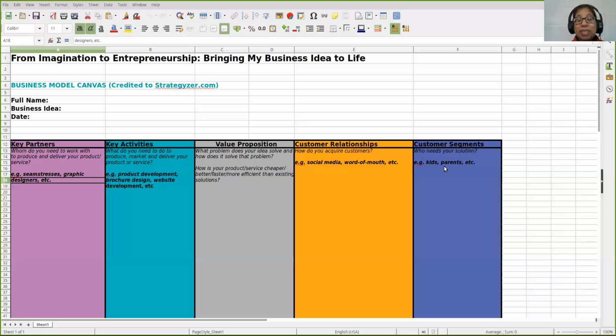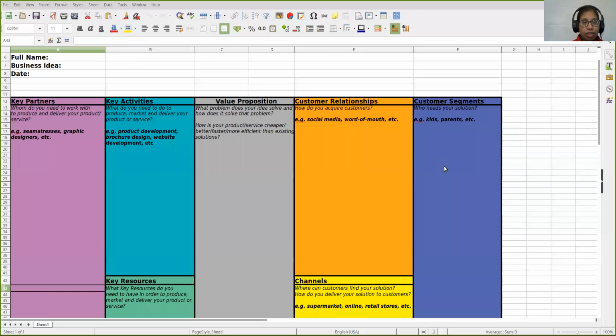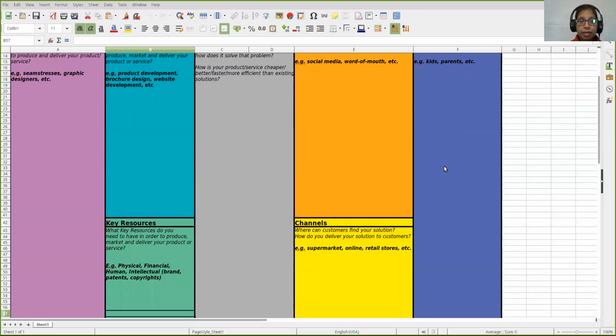Depending on what your business idea is, you may need to get other people involved, and that is where you will enter that information, right? So, who are your key partners? Then we come down to key resources. Now, resources. What key resources do you need to, again, produce, market, and deliver your product or service?